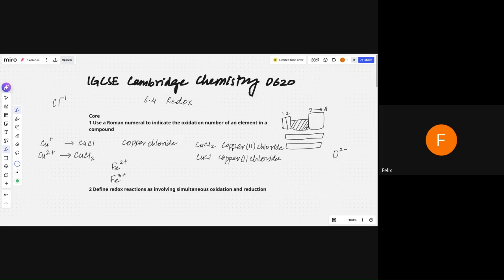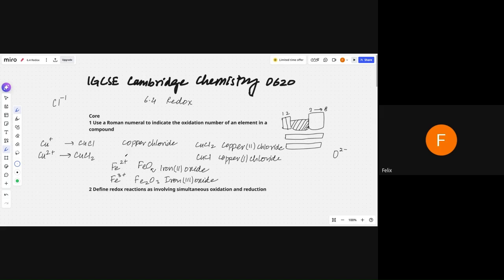So for Fe2+, we will write FeO. This is iron(II) oxide. And for this one, the formula will be Fe2O3, and this is iron(III) oxide.